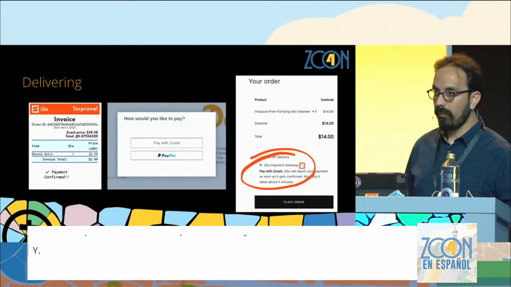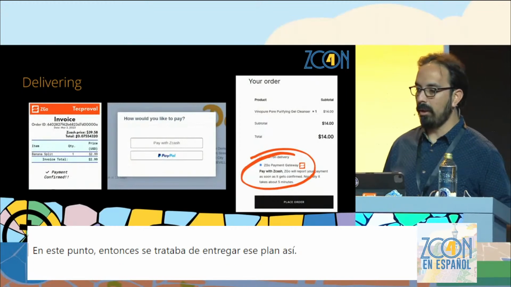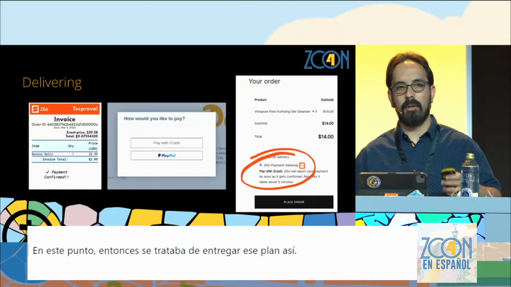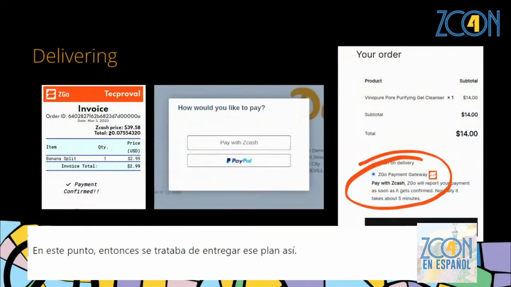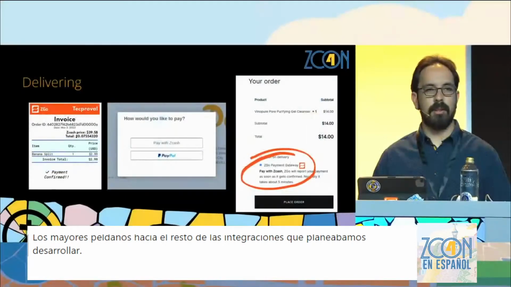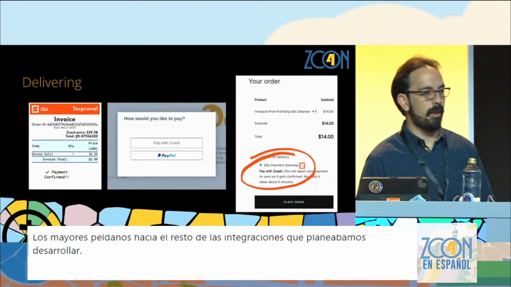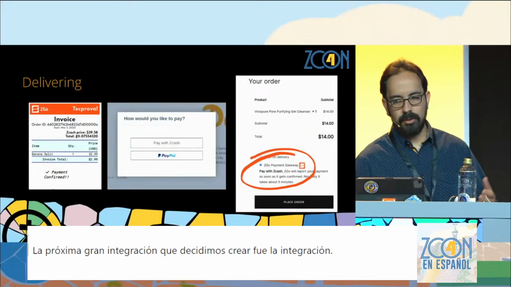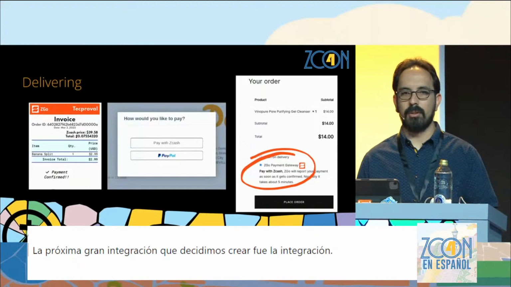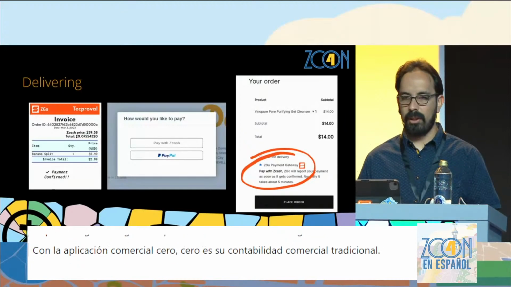So we started working on the payment confirmations on chain, which was one of the biggest stepping stones into the rest of the integrations that we were planning to develop. The next big integration that we decided to create was integrating with the Xero business application. So Xero is your traditional business accounting, customer relations management, invoicing application.